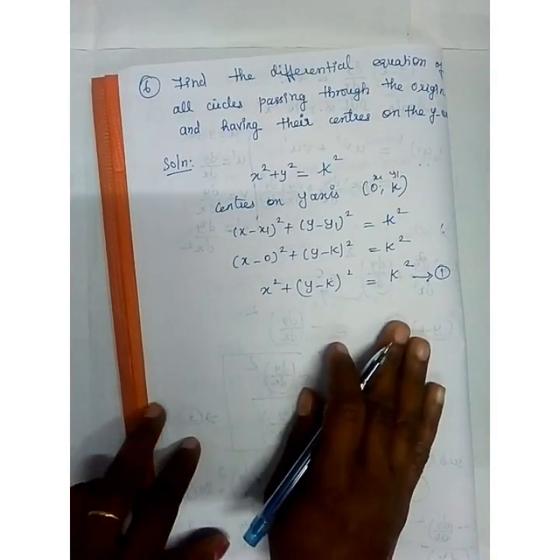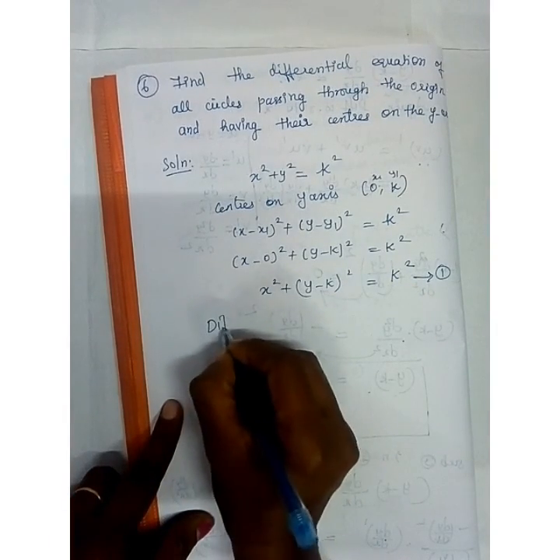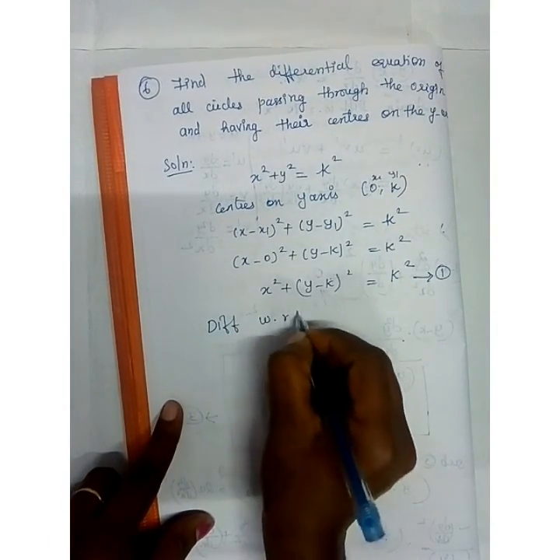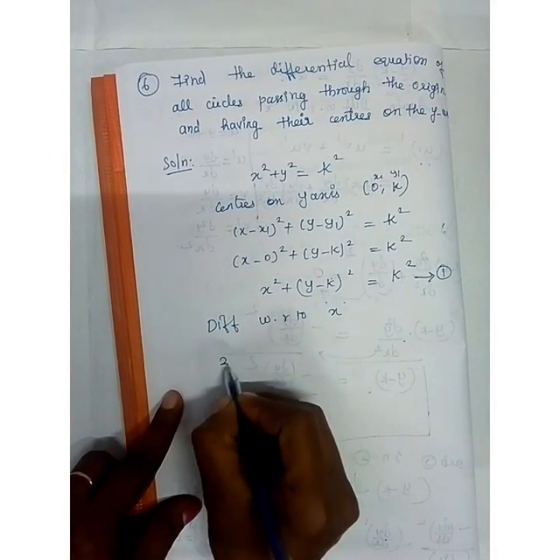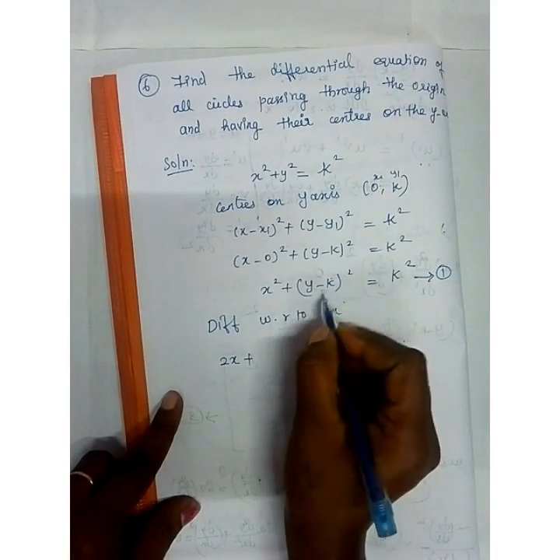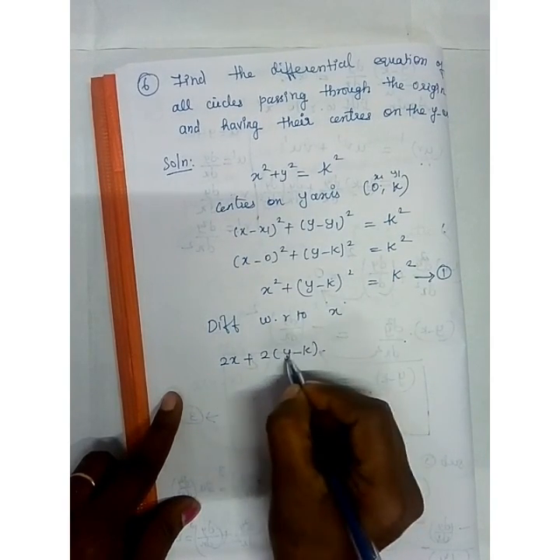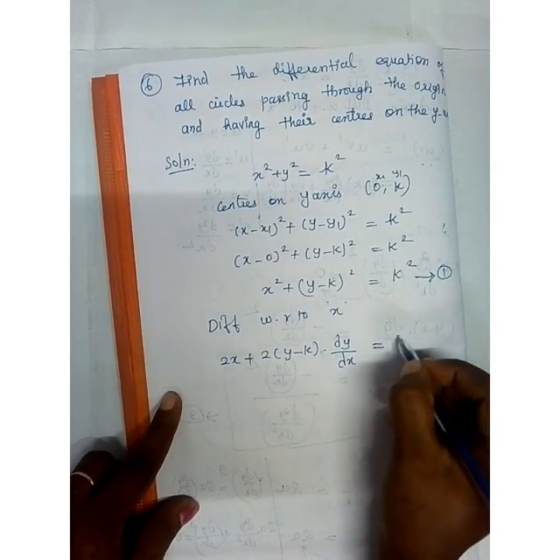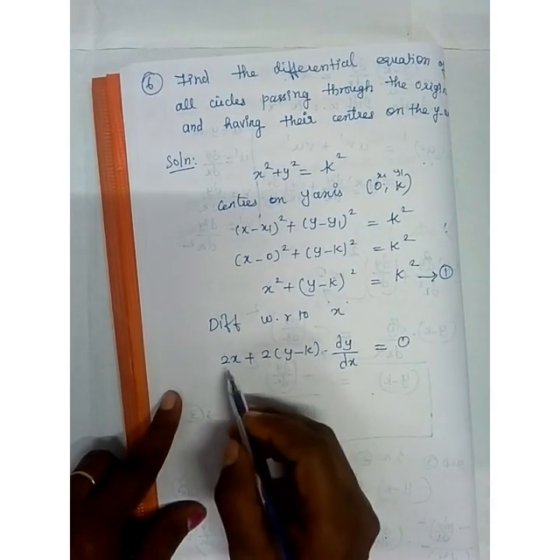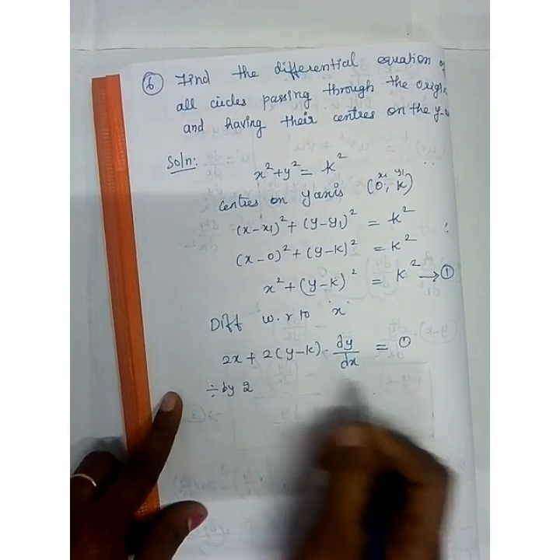Now to eliminate this constant k, we have to differentiate with respect to x. So we know that differentiation of x square is 2x, and differentiation of y minus k the whole square is 2 into y minus k. y with respect to x means dy by dx, and differentiation of the constant is 0. Here 2 is common, so divide the whole equation by 2.